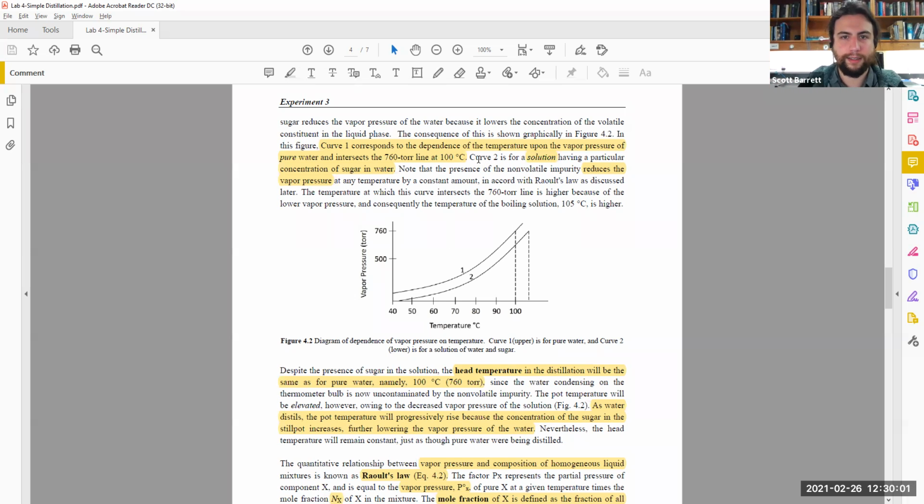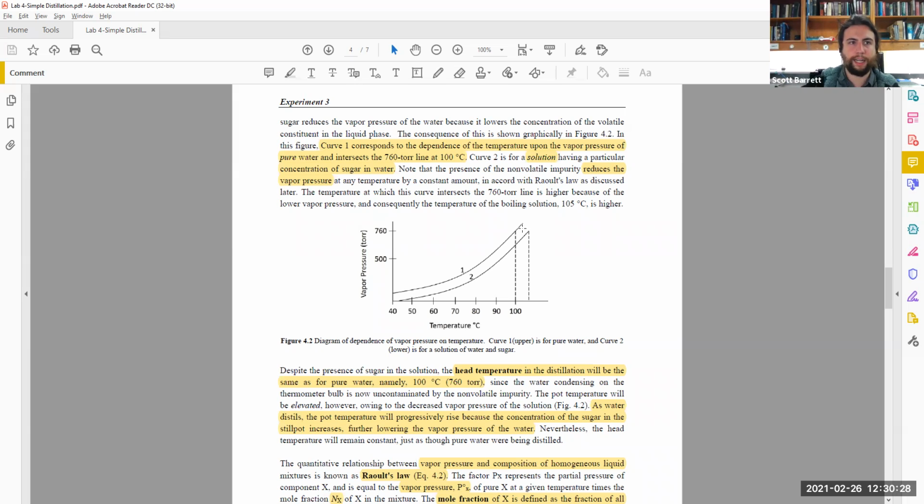And curve 2 is for a solution having a particular concentration of sugar and water mixed together in one system. So we can see that the presence of the non-volatile impurity reduces the vapor pressure at any temperature by a constant amount. And so we can see that curve 2, instead of boiling over here at 100 degrees Celsius, would be over here at 105, 110.